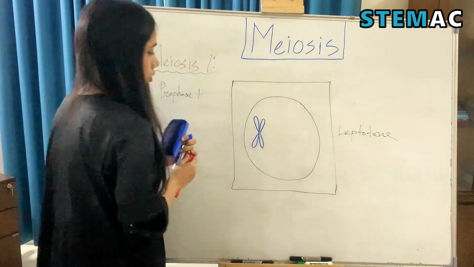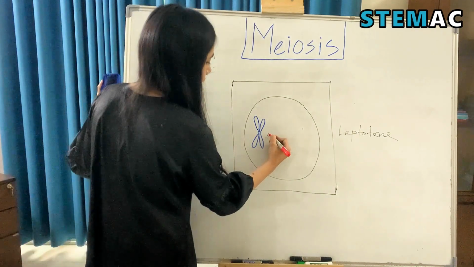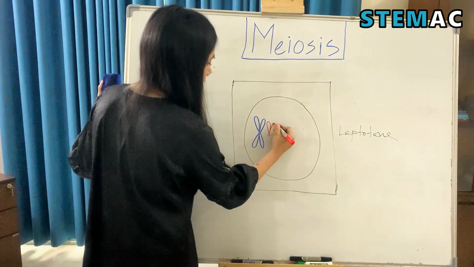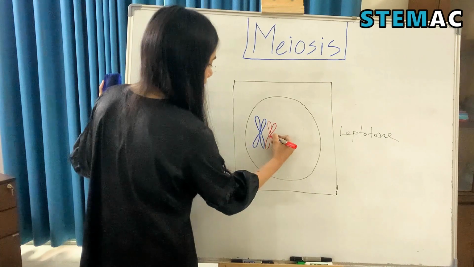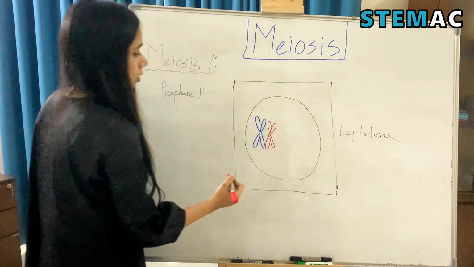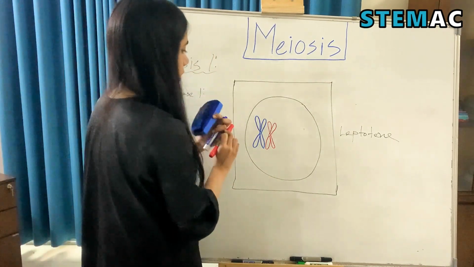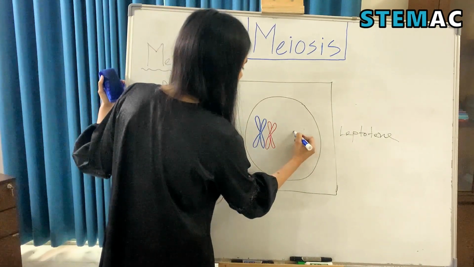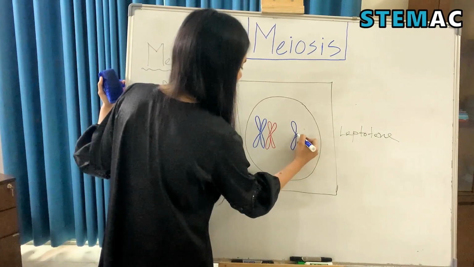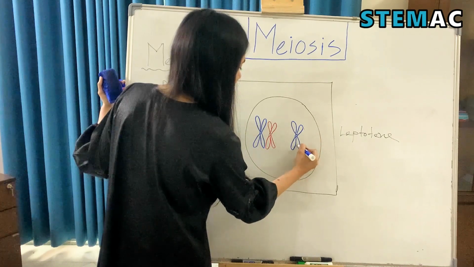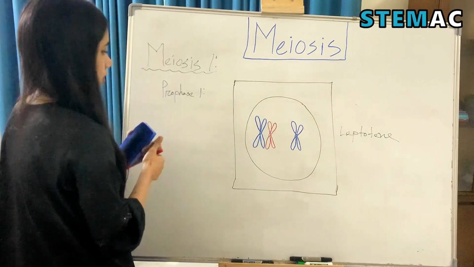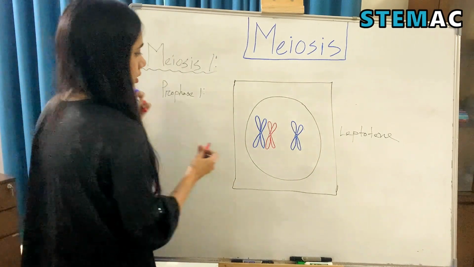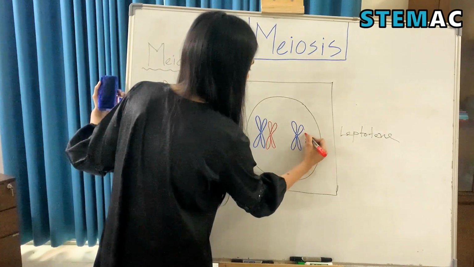This is a chromosome from the father. Similarly, we have another homologous chromosome pair here. Let's say this one is from the mother, and this one is from the father.